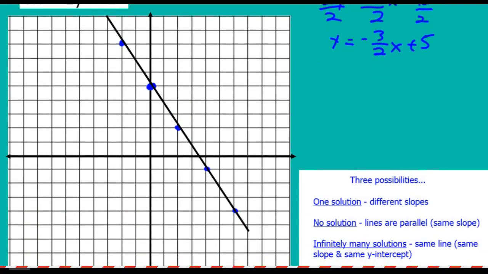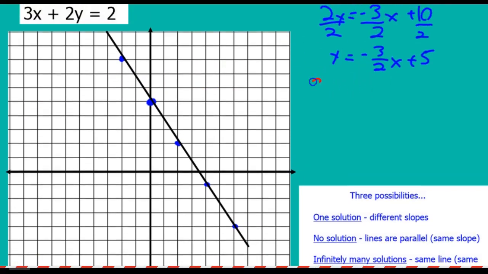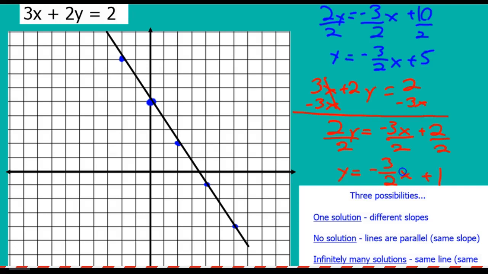Our second line is 3x plus 2y equals 2. We subtract 3x. We get 2y equals negative 3x plus 2. So y equals negative 3/2 x plus 1.